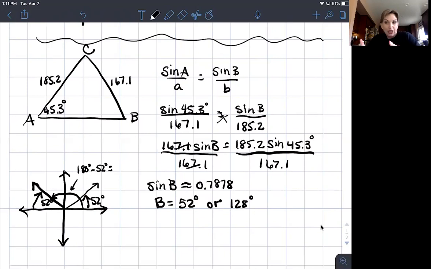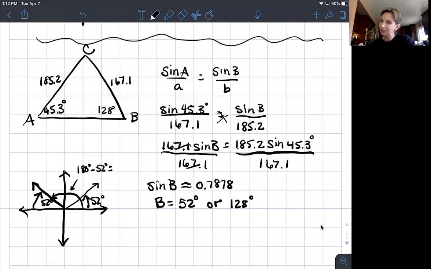Okay, could they both work? Maybe. If I plug a 52 in there for B, would that work? That would, and it leaves me plenty of room for angle C. If I plug in a 128 for B, does that work? Yeah, that's less than 180.